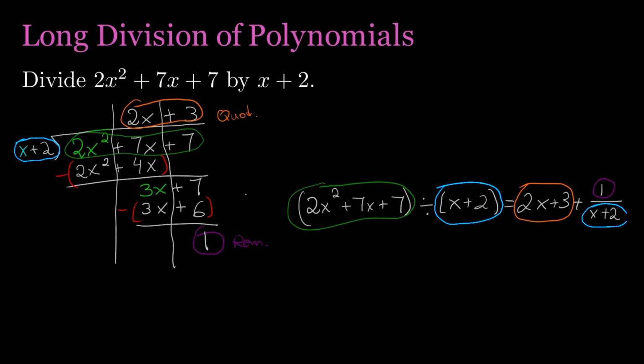And another thing is to, instead of subtracting that part of the quotient multiplied by the divisor from the current dividend, I kind of do it on the side first to multiply, then distribute the negative, and then write that finalized form underneath the current dividend, to then not think about the signs anymore, just perform addition. 2x squared plus negative 2x squared is 0, 7x plus negative 4x is 3x, and then plus 7, and that's it.